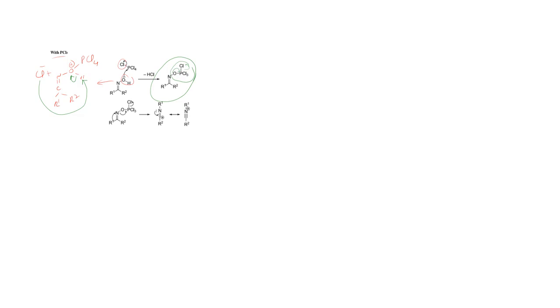From here, as we already discussed in the previous reaction, a positive charge will appear on the nitrogen atom. So one of the alkyl groups will move onto this nitrogen atom, and as a result this intermediate will be produced.